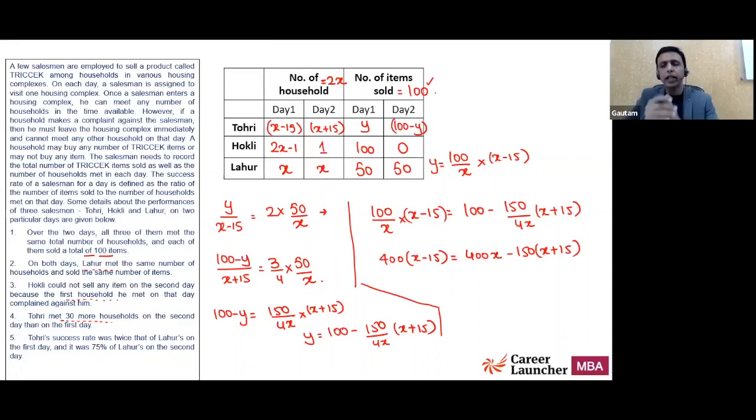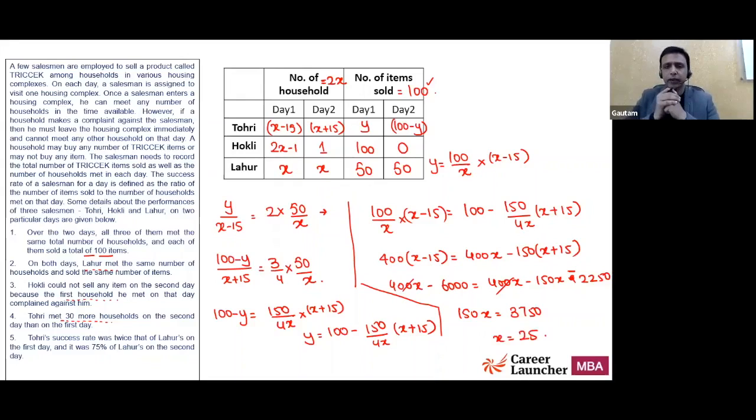I've negated x from both sides after taking LCM. So this gives me 400x minus 6000 equal to 400x minus 150x plus 2250. So this 150x is 6000 plus 2250, which is 3750, or x turns out to be 25.